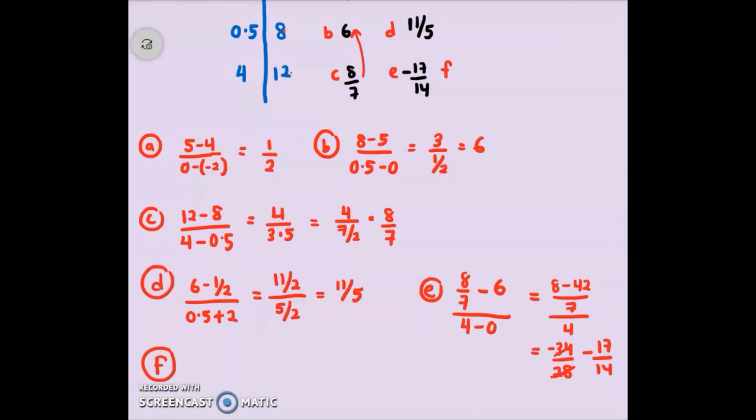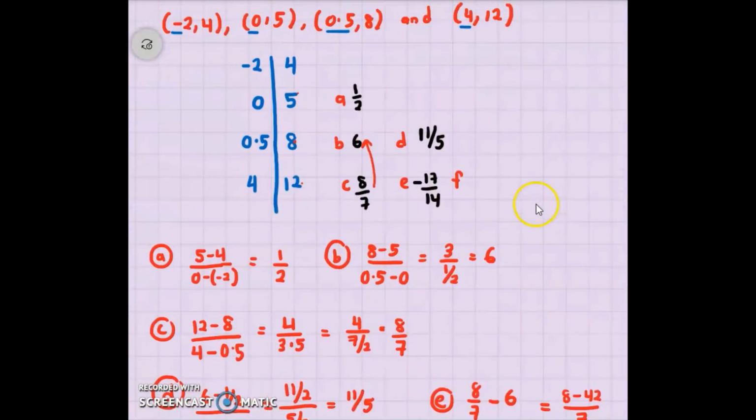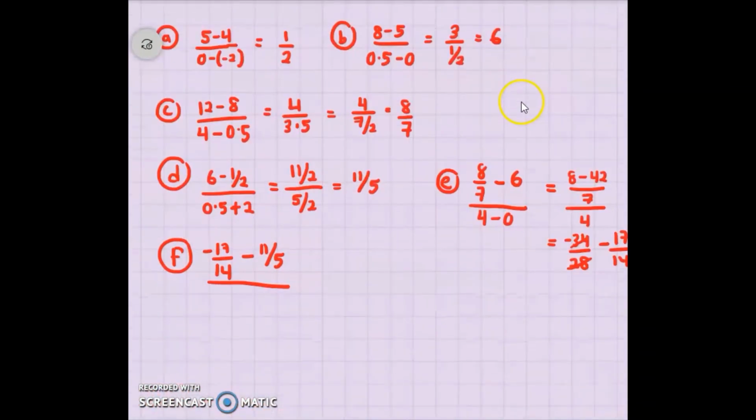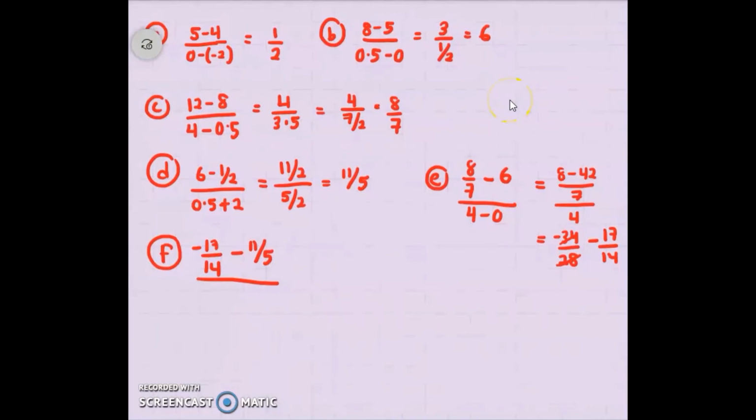So for F we have negative 17 over 14 minus 11 over 5 divided by, we need to skip 2 values, so it would be 4 minus negative 2. Okay, so let's solve this.